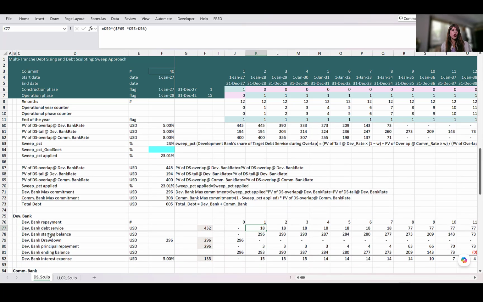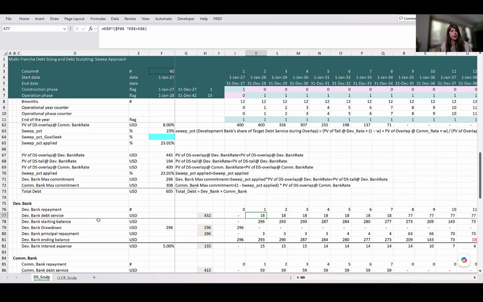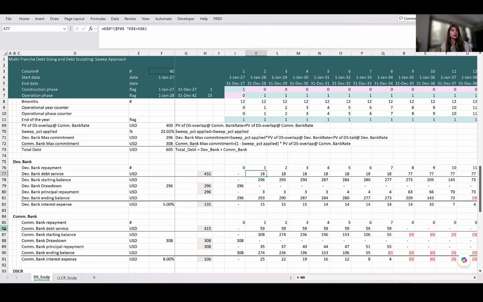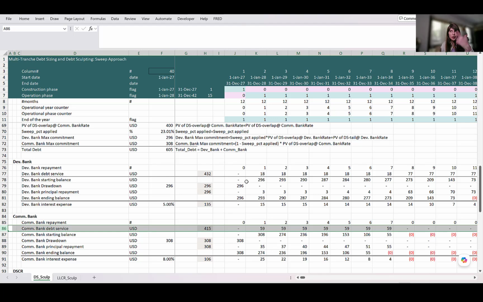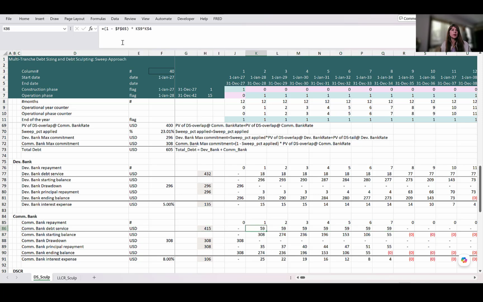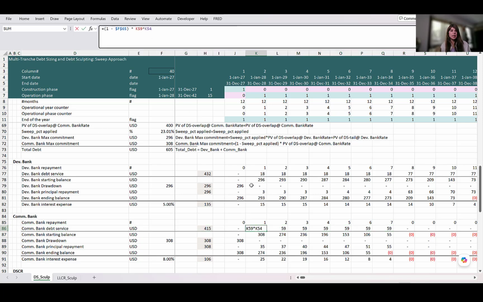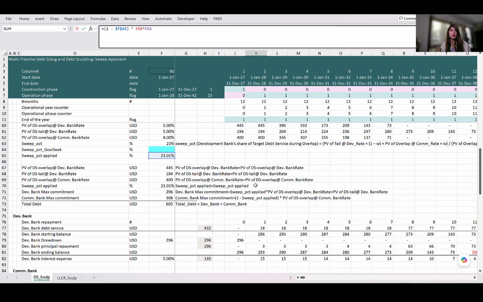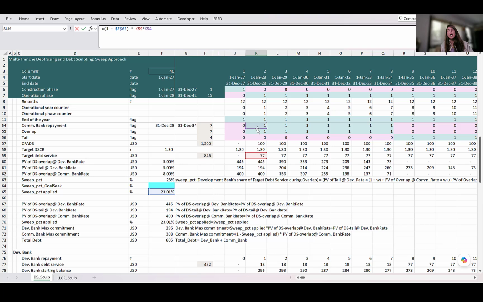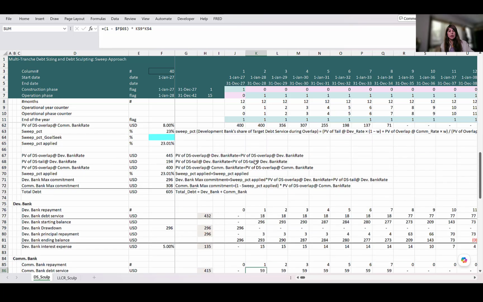So that's the target debt service for the Development Bank. Now for the commercial bank, it's just going to be 1 minus 23%, that cash sweep or the sweep percentage that we calculated, multiplied by the target debt service, which is calculated based on the 1.3 target DSCR.